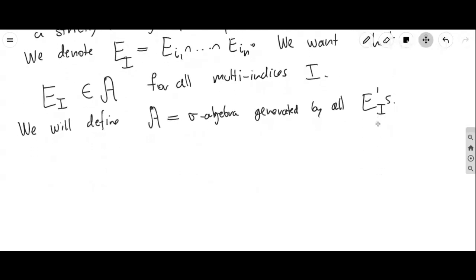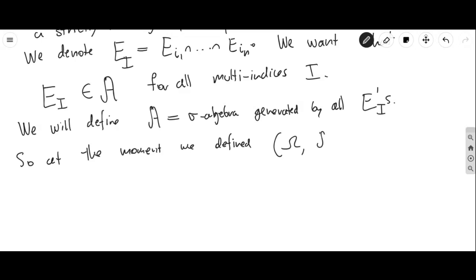Now, the next question that comes up: at the moment, we defined a sample space with a sigma algebra, and measurable functions from the sample space to the real line so that every one of these is equal to 0 or 1. What do we mean by measurable?